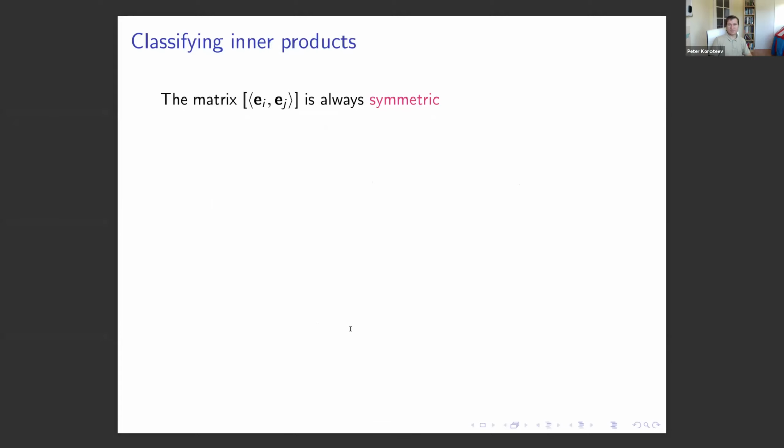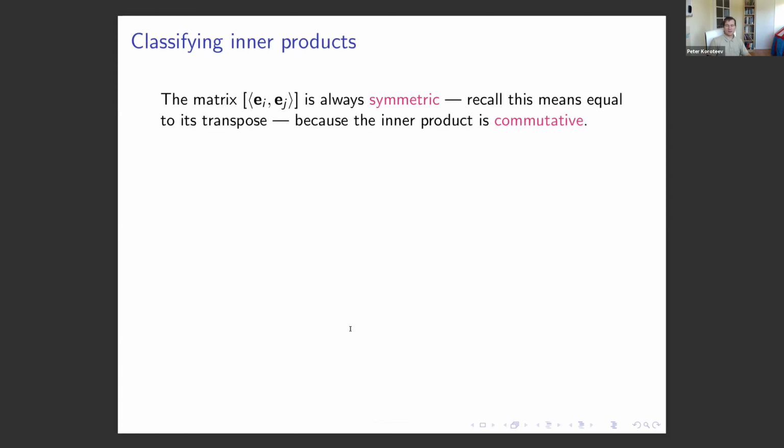Now, this matrix is always symmetric, which means that it's equal to its transpose. So the ij component is equal to the ji component, and that follows from commutativity of the inner product.